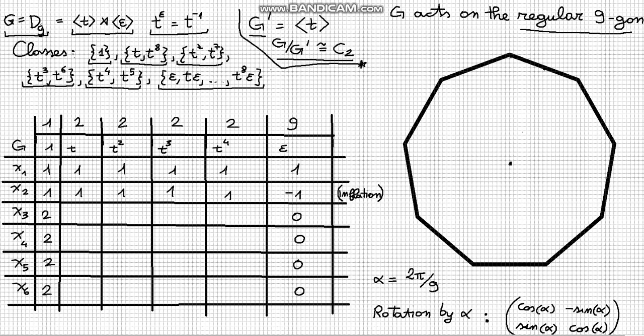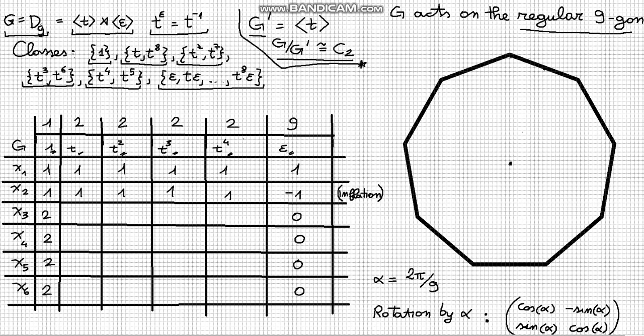So this implies that we can choose these representatives of conjugacy classes of the group: 1, t squared, t cubed, t to the fourth, and epsilon. All the elements, apart from the identity, have two conjugates, except epsilon, which has 9 conjugates.